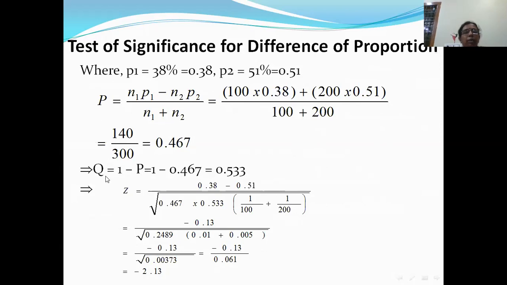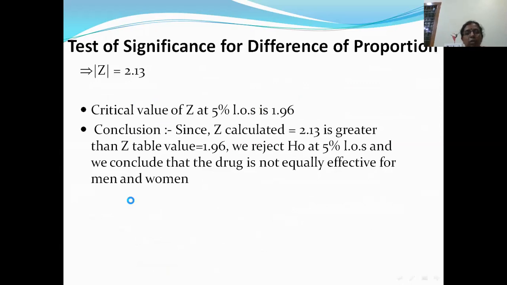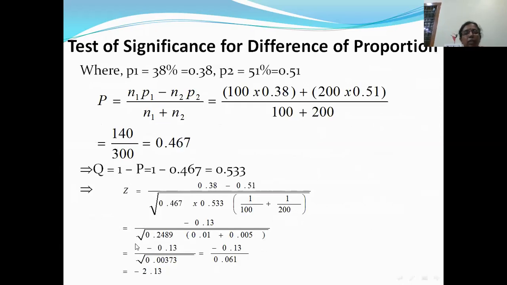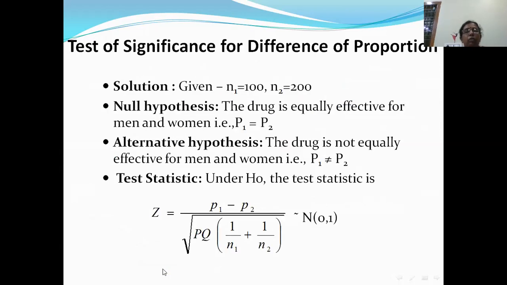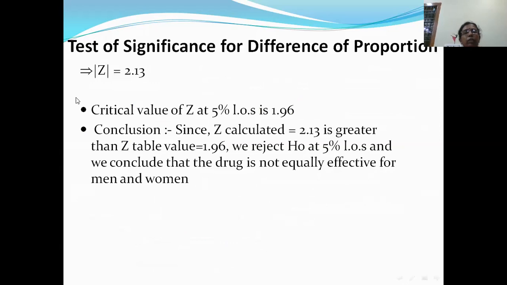Substitute this capital P, capital Q, P1, P2 in Z formula. So when you substitute in Z, after calculating, you will get Z equal to minus 2.13. Since it is a normal distribution, which is a symmetrical distribution, I can write it as mod Z equals 2.13.